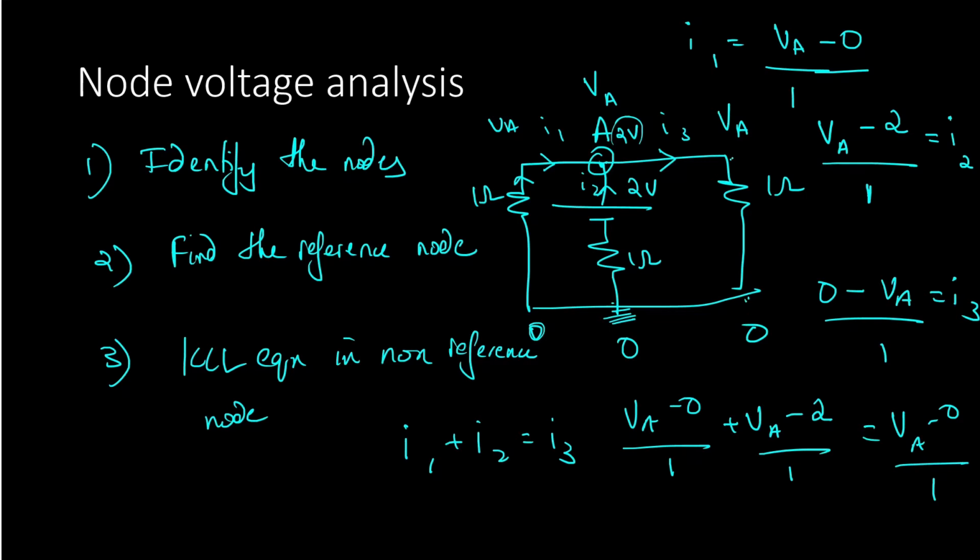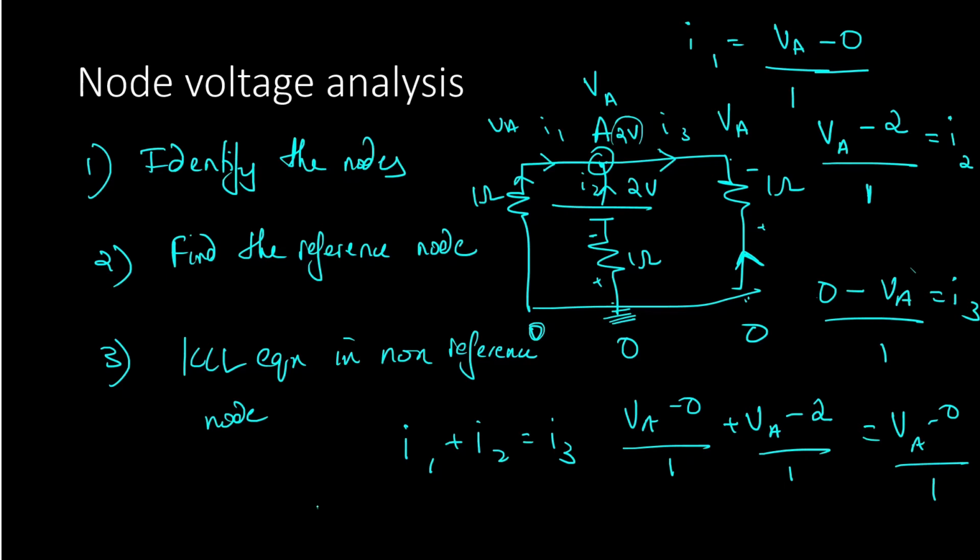We look at the connection: negative, positive, positive, negative. So the push is from here. In reality, we assumed the current direction to be one way, but the current is actually coming in the other direction. So the signs are reversed, and 0 minus VA by 1 is equal to I3.